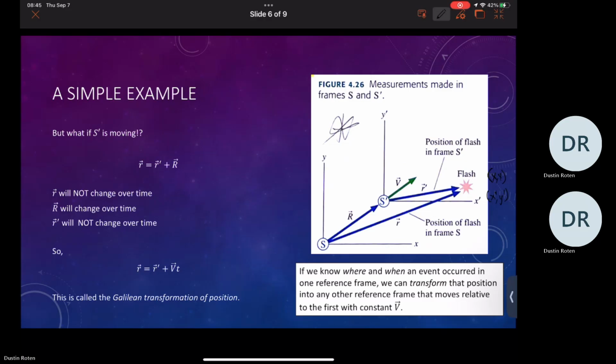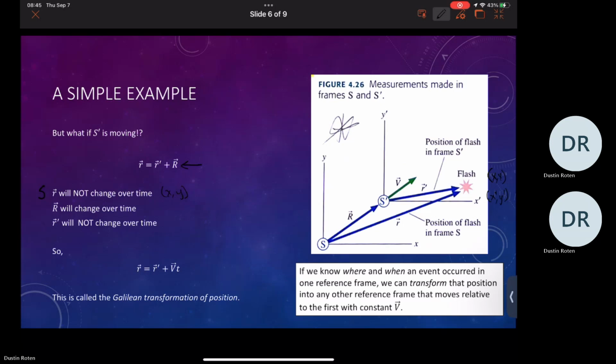So in that situation, we can take this relation of the position of the event and adjust this for a moving reference frame. So where the flash happened with respect to S, now we know that R is not going to change, because if we measure this thing at XY, our position is stationary, our reference frame is stationary, that's not going to move.